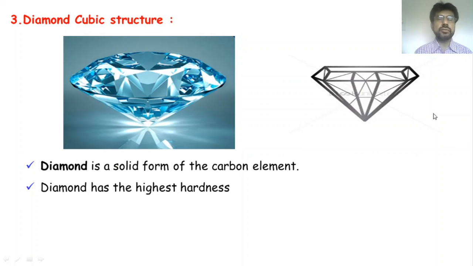Now students, the first type of material we are going to see is diamond. We know that diamond is a very popular material because everyone uses diamond in different types of jewelry. Also, diamond is a very hard material, and due to that it is also used as a cutter.